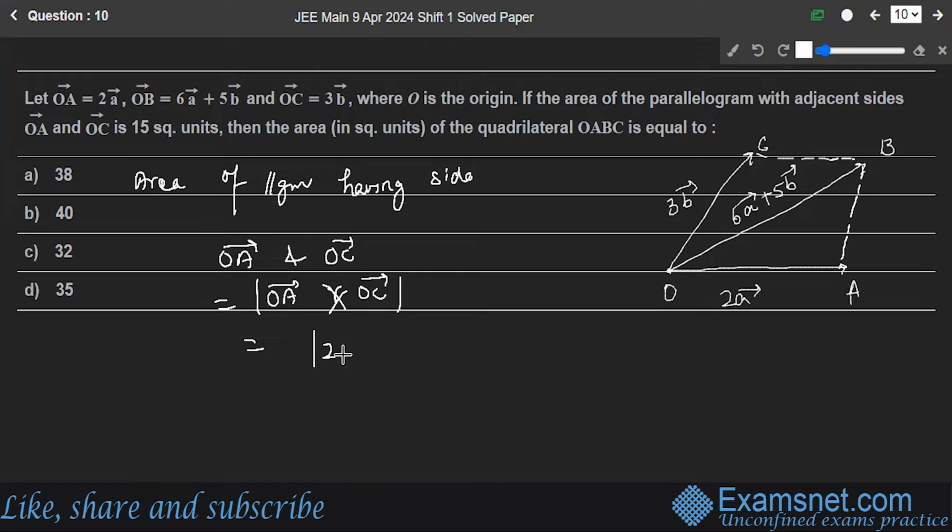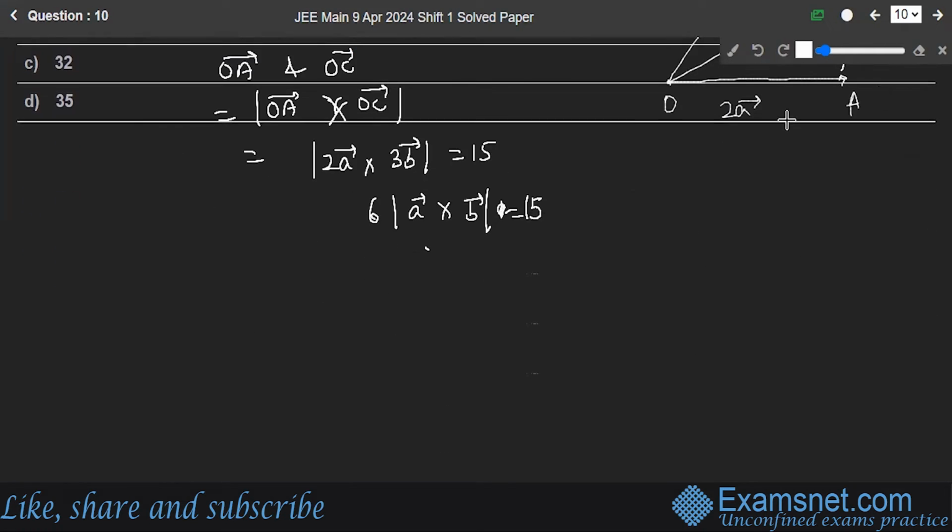So this is 2A cross 3B. Now you are given that this is equal to 15. So it makes 6 A cross B equal to 15, or you have A cross B as 5 by 2.